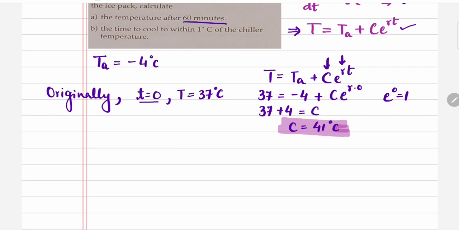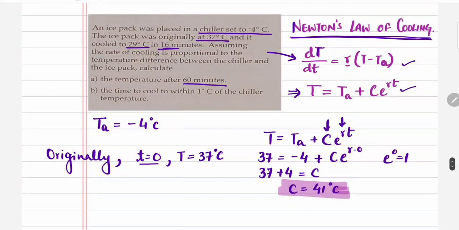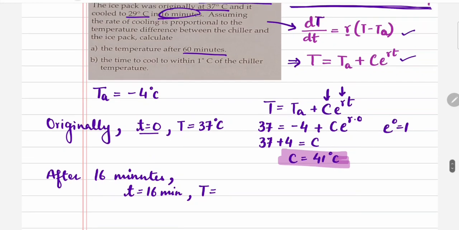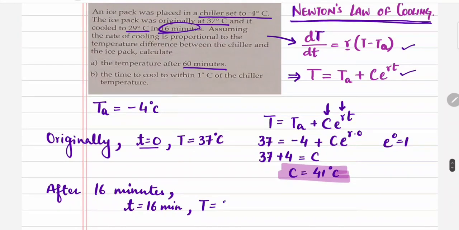Now let's go back to the question and see what we have. The next bit that we have here is after 16 minutes. So let's write it there, after 16 minutes. So in this case, time is 16 minutes. The T value has now cooled down to 29 degrees Celsius.